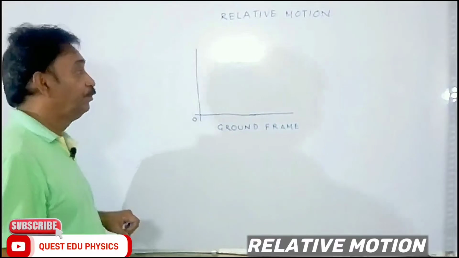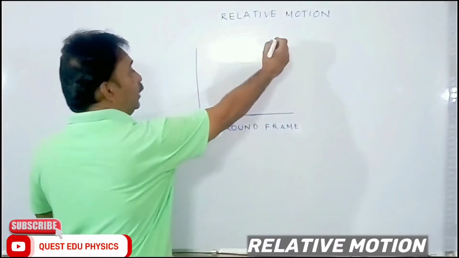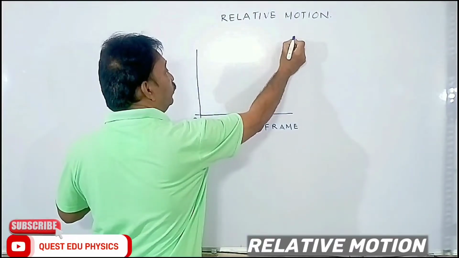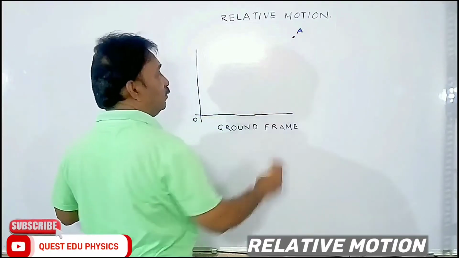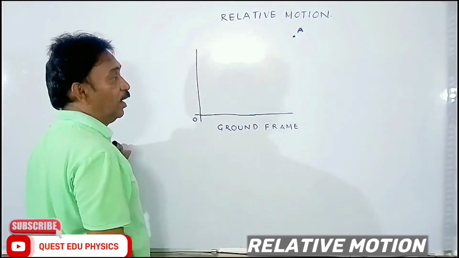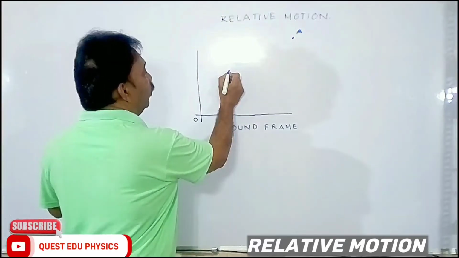Now think, an aeroplane is flying here. I'm calling the aeroplane A. And a balloon is here.